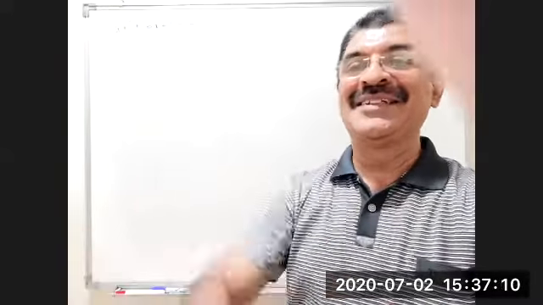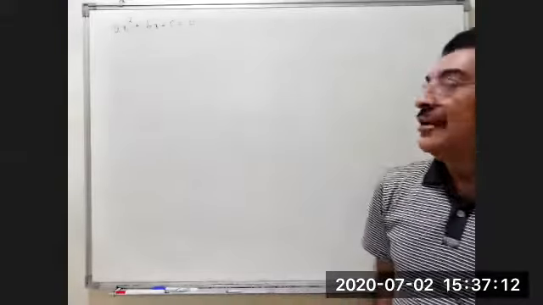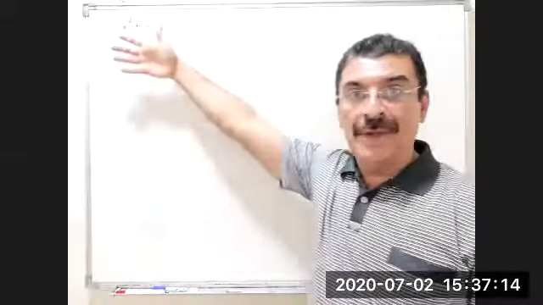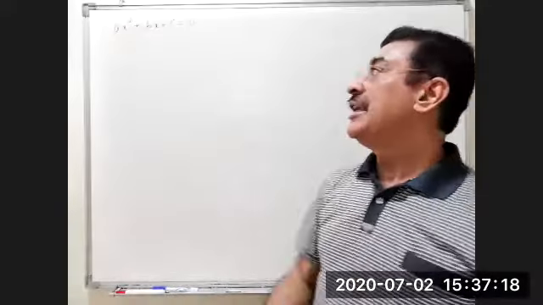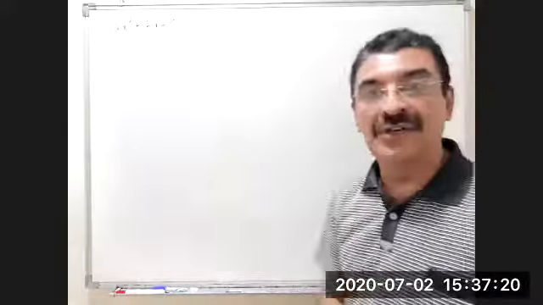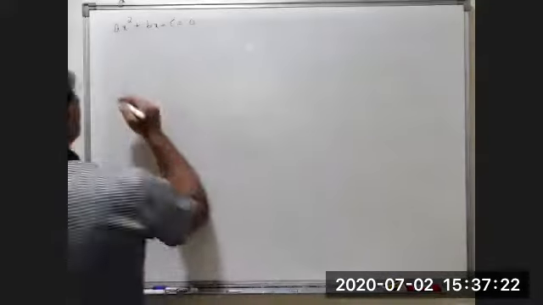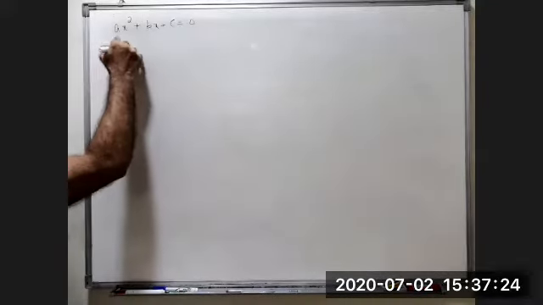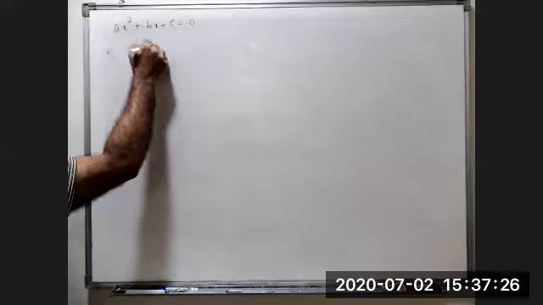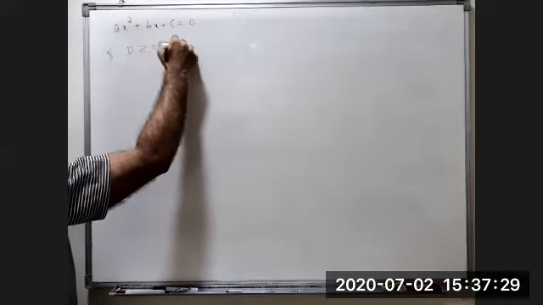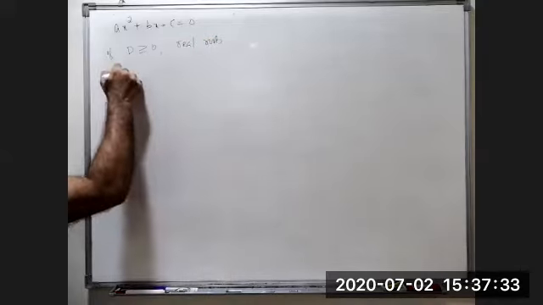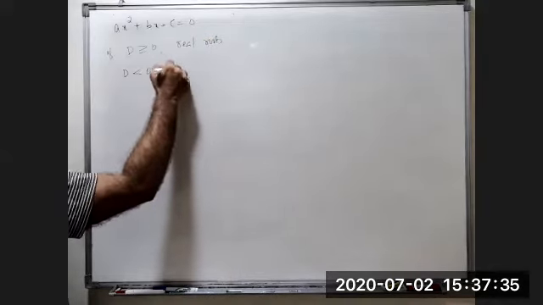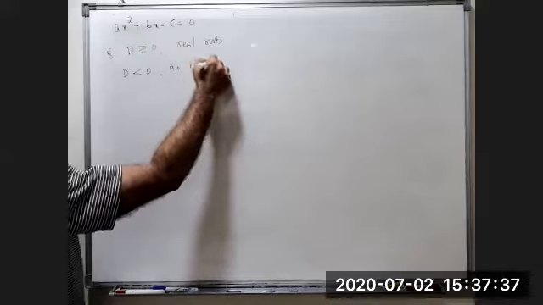We can manage. Now, this is the next topic. Same chapter, the next exercise. For quadratic equation ax squared plus bx plus c is equal to 0, if d is greater than or equal to 0, we have real roots, and d less than 0, no real roots.